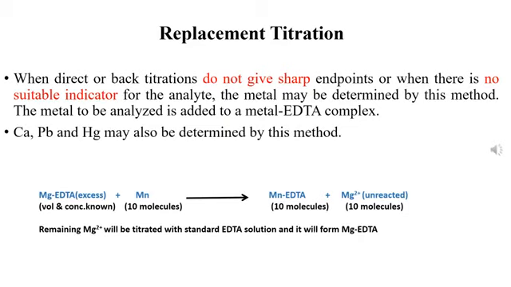So magnesium will be in free form, and this free magnesium metal is then directly titrated with a standard solution of EDTA using Eriochrome Black T indicator.